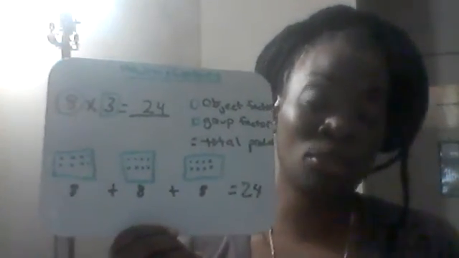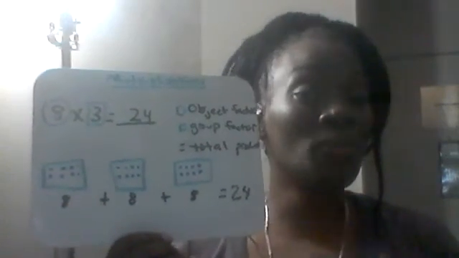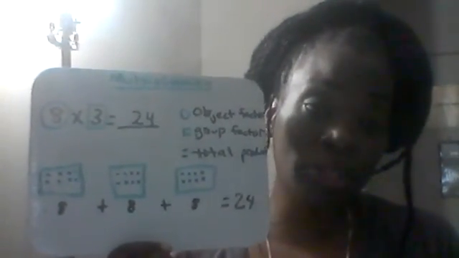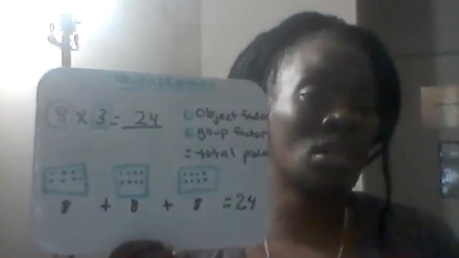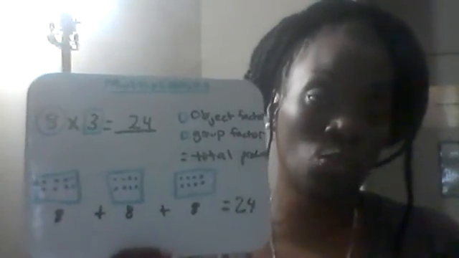After you've gotten down the mechanics of understanding the parts of a multiplication problem, you can use flashcards to remember all of them, because our basic timetable facts go from 0 to 12.